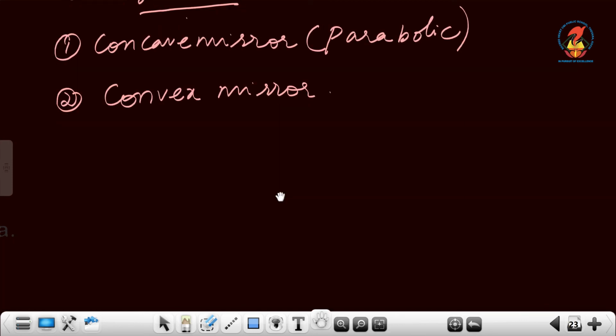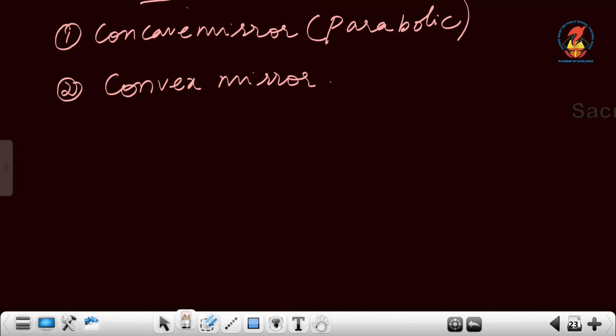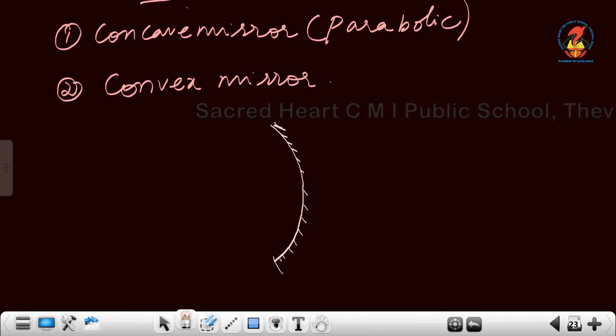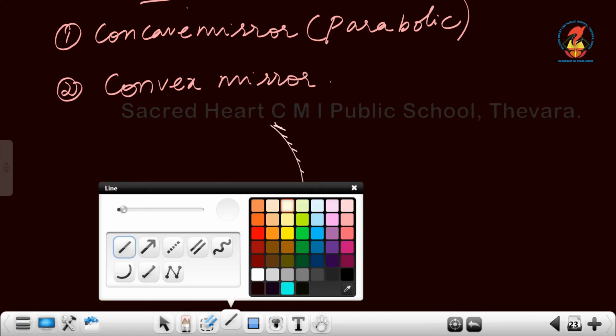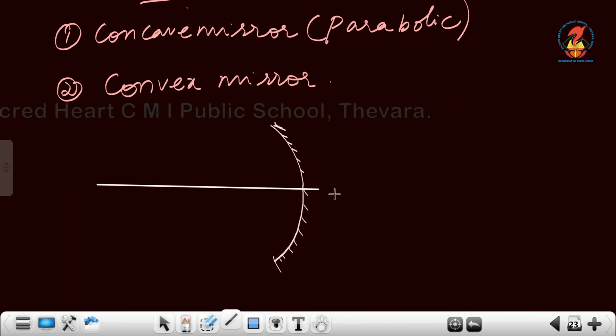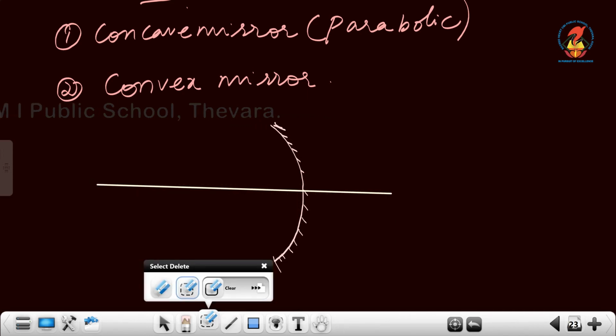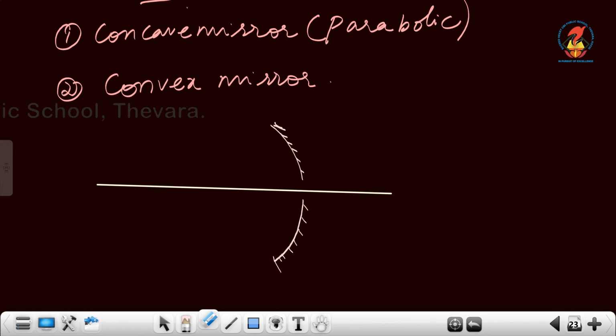Now, let us see the diagram of a Cassegrain telescope. So, we have a parabolic concave mirror. This is the principal axis of the mirror, and there is a very small opening at the center of the concave mirror.